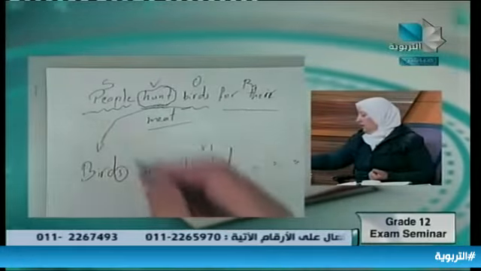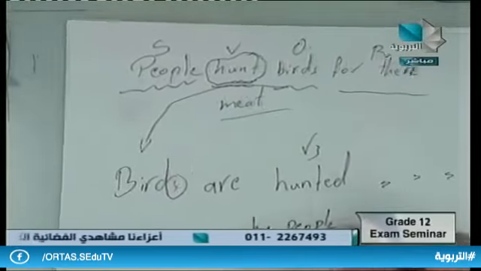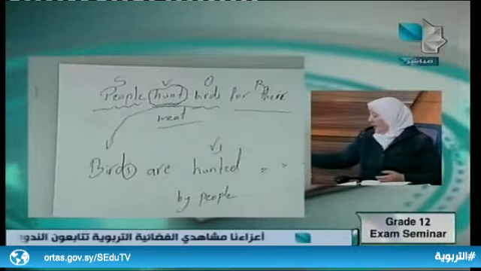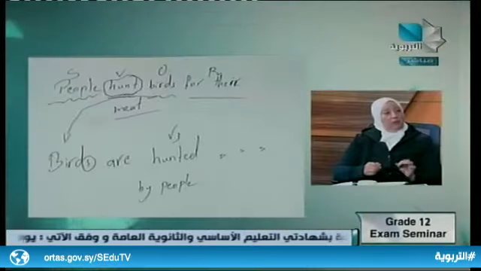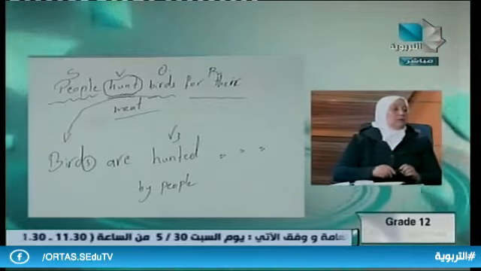Now, sometimes the subject is important, so I may add "by people." Is it necessary to put "by people"? When it's a proper name, if I have an important name, like John hunts birds for their meat, or John hunts birds for commercial purposes, I have to add "by John" at the end.